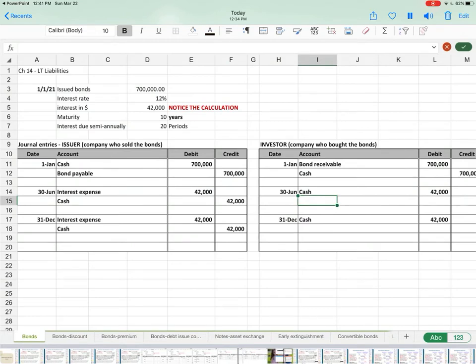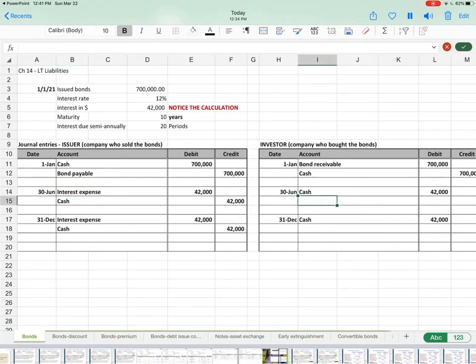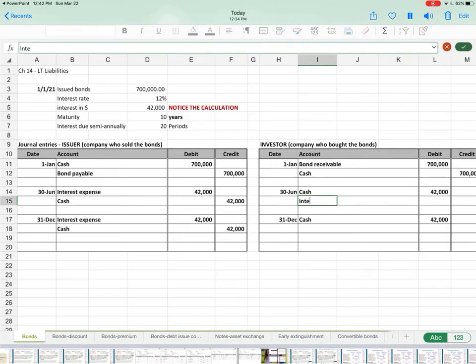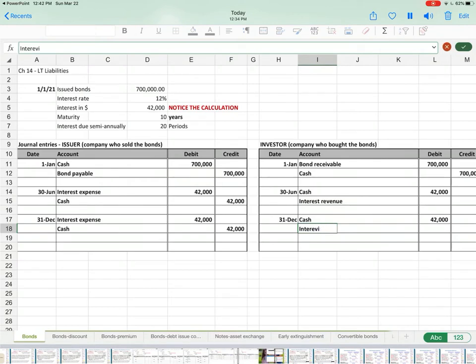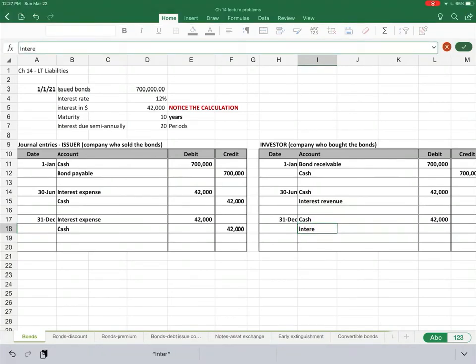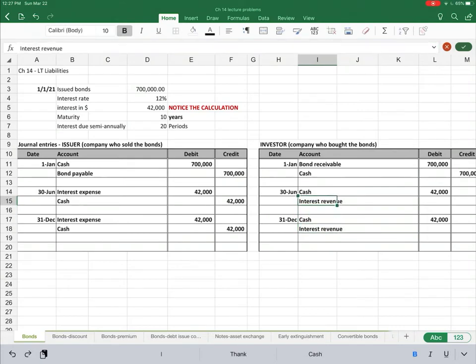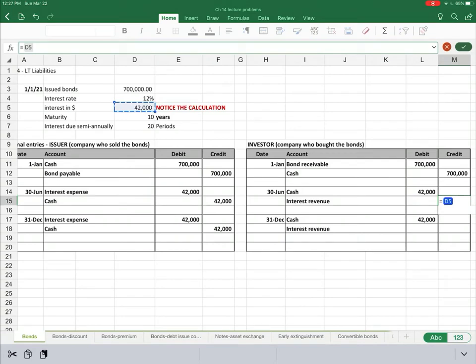And then if we look at the issuing company on June 30th and December 31st, they reported interest expense. So what you're going to see on the investing company's accounting records is going to be interest revenue. So one is incurring an expense, which means the other is earning the interest income or the interest revenue.